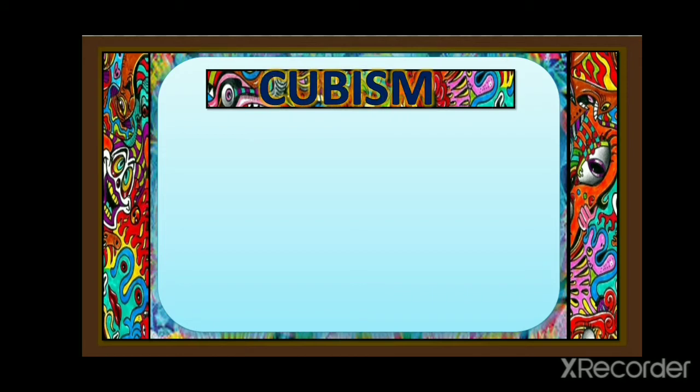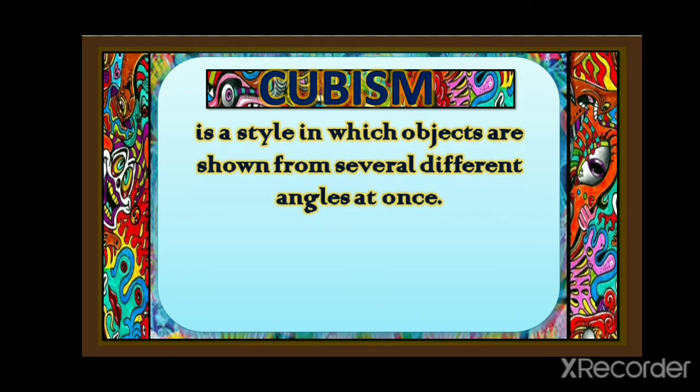Next is Cubism. Cubism is a style in which objects are shown from several different angles at once. According to Paul Cézanne, all forms in nature are made of three shapes: sphere, cone, and cylinder. Cézanne's idea was to show objects as solid-looking forms.